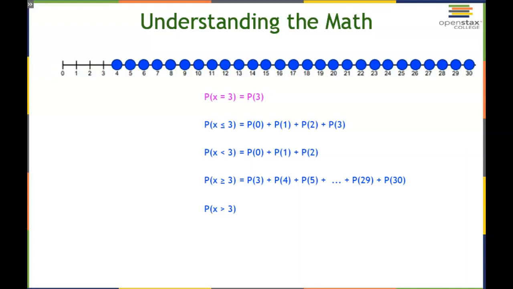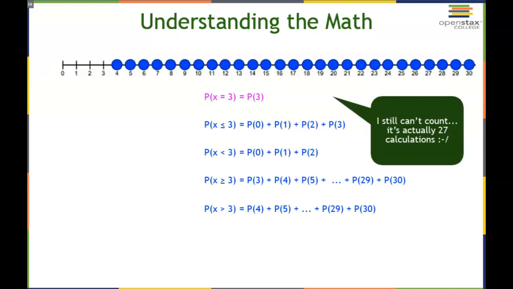To calculate that, I have to add up all those probabilities: probability of 4, probability of 5, all the way to probability of 29 and probability of 30. Yes, 26 calculations to get that value.